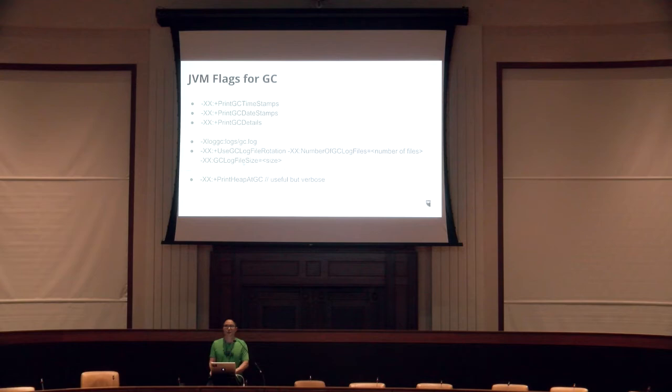Next set are for logs, because the first set just print everything up to standard out. So we want to have some log rotation and maybe specify where the logs are. And the last one's kind of maybe useful for debugging. You just kind of get a listing of what's in each region of memory with every GC event.